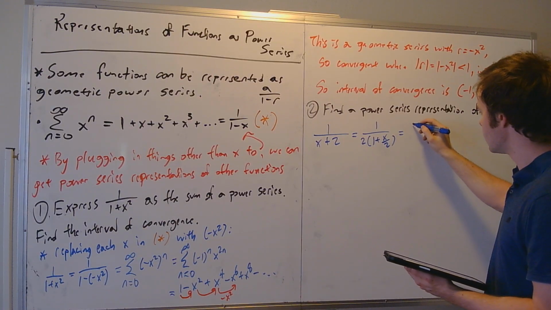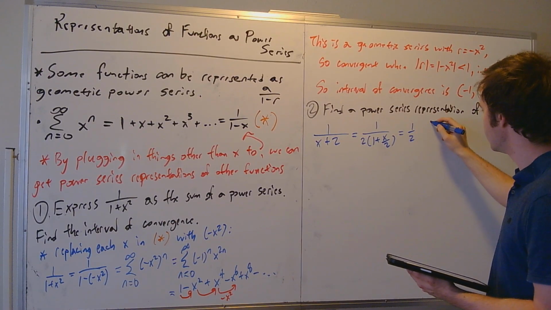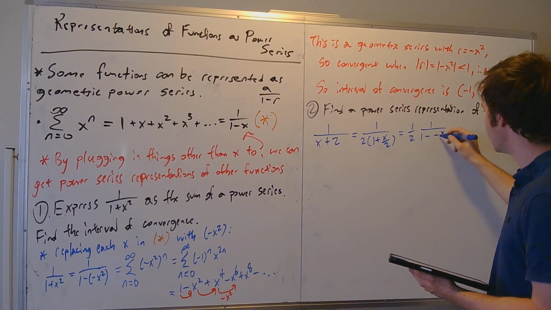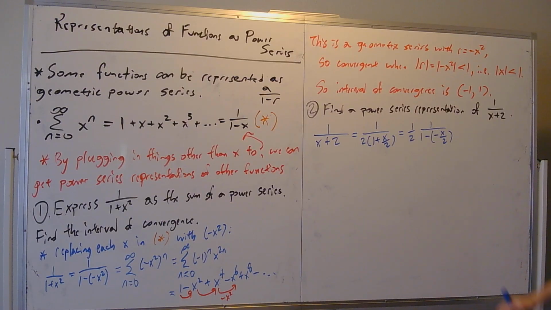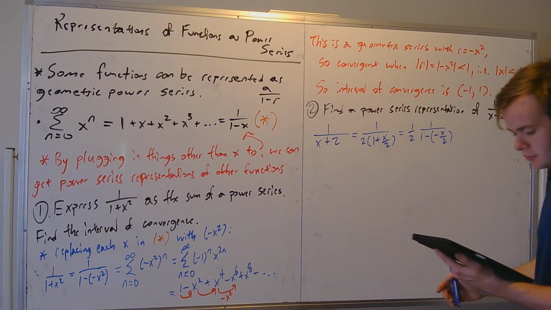So if we do that, we're going to have 1/2 times 1 over 1 minus negative x over 2. Okay, and now we can do what we did in example 1 to rewrite this thing. Okay, so that's our next goal.